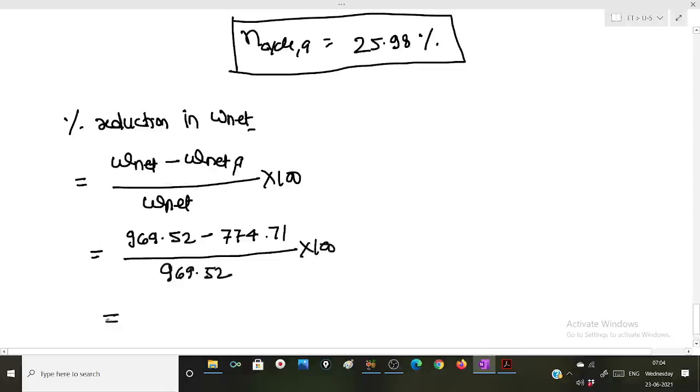So this will come out 20.1% percentage reduction in net work output.